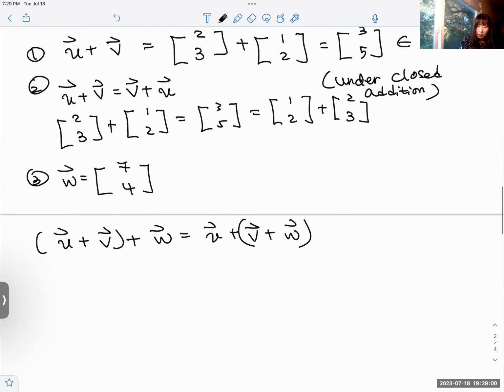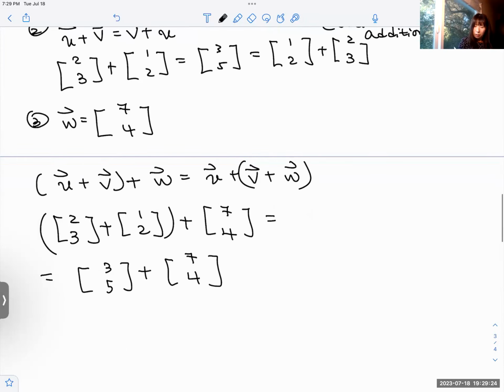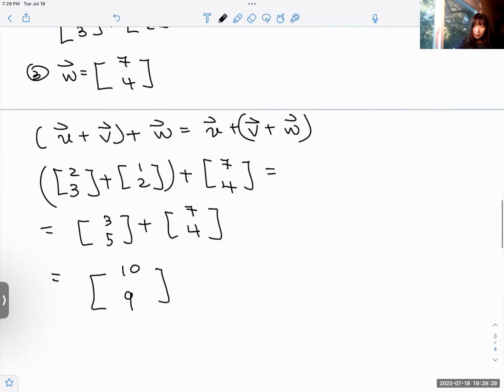We have 2, 3 plus 1, 2, plus 7, 4. So we have 3, 5 plus 7, 4. What do you get? 10, 9. Is it the same as the other side with 7, 4?